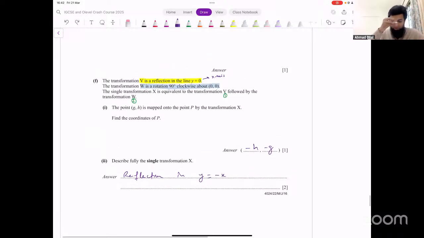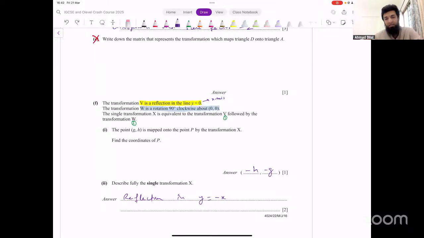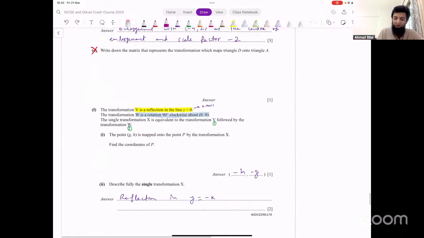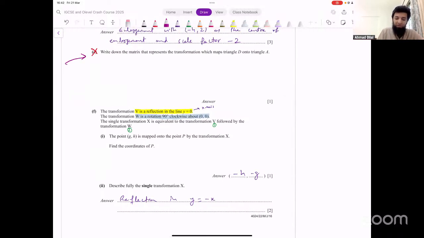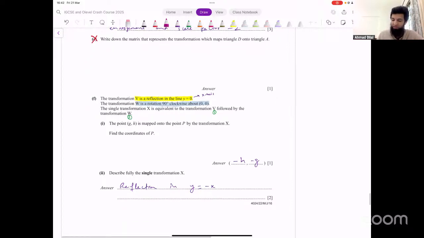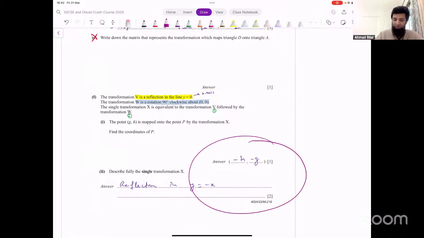Okay, now this was quite tricky, and it actually became trickier because they've taken out matrices from your syllabus. Actually, if you were to do the part E of this question, then part F could actually be done using part E, and that would have been done much quicker. Okay, so using matrices, this part would have become much simpler.